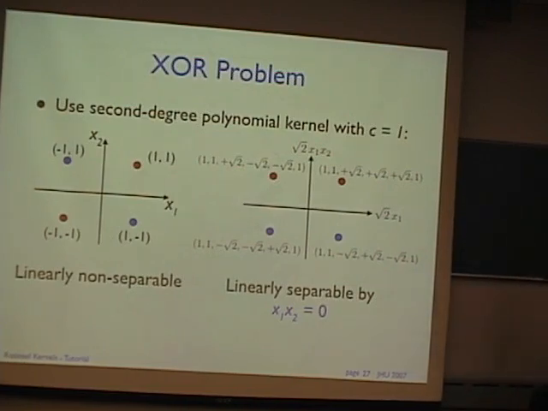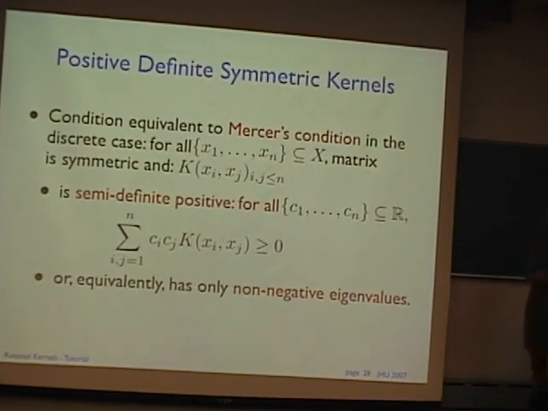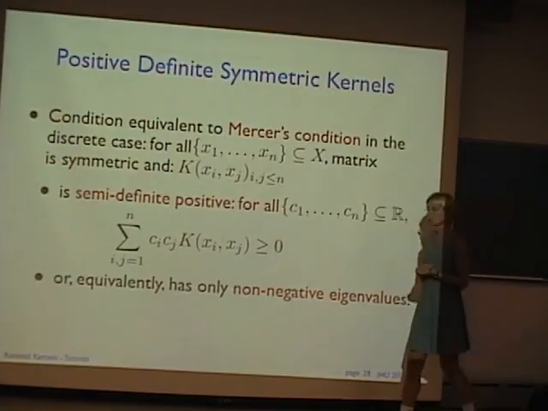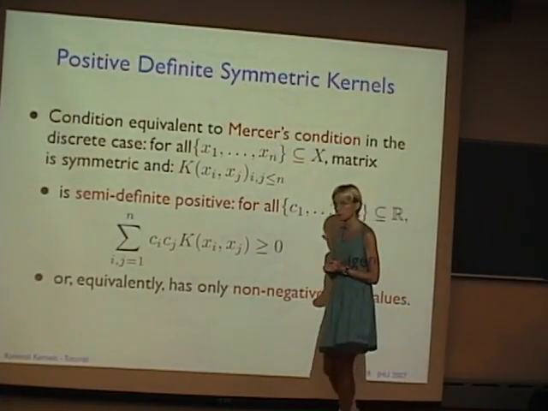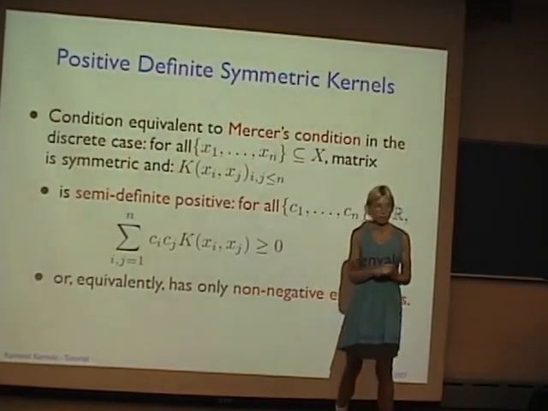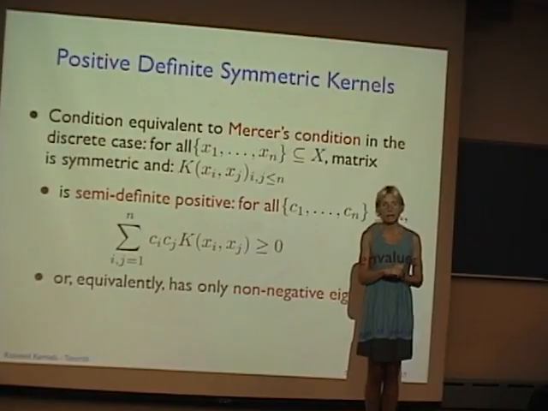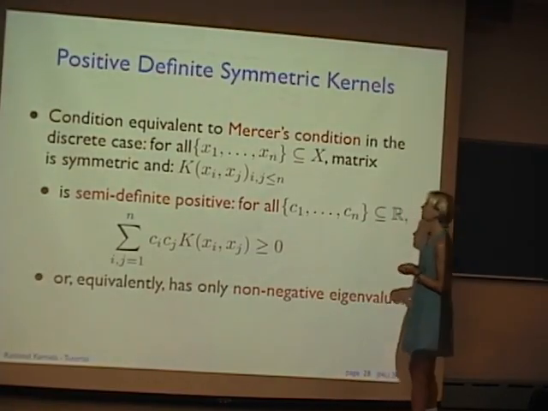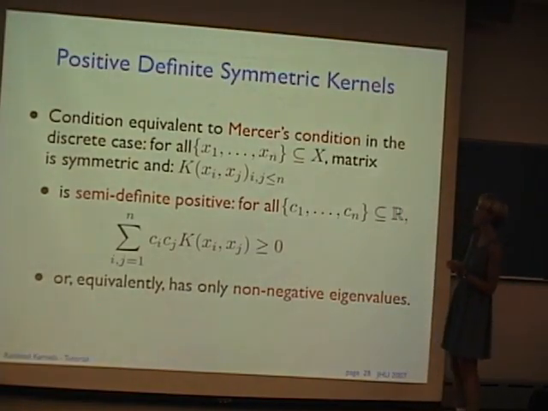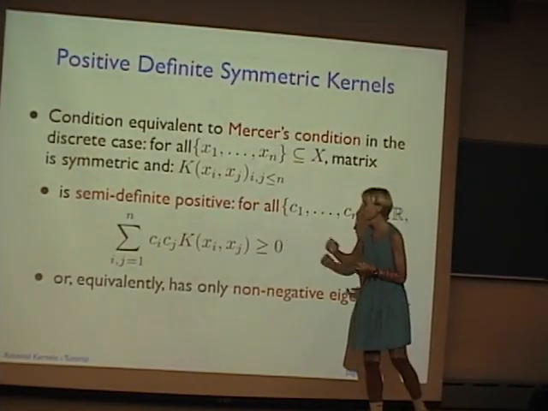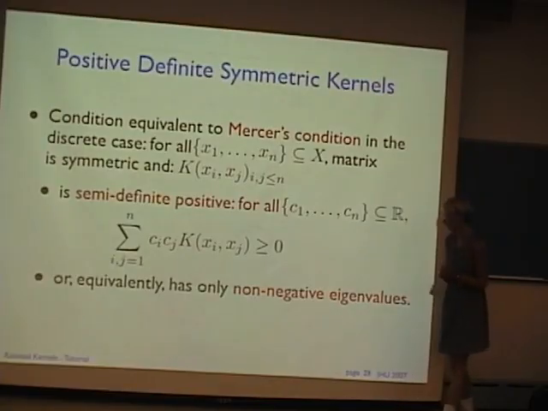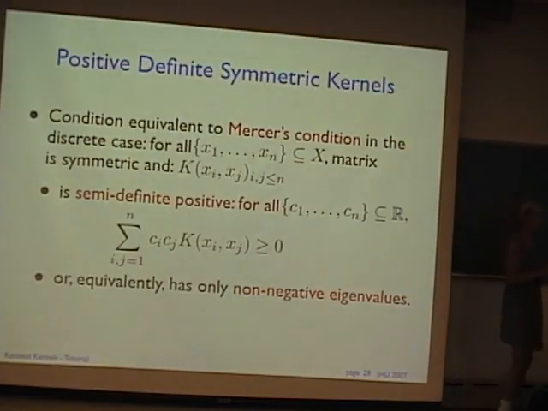Can we make use of any kernel? No, we cannot. In order for this optimization problem still to have a solution and a unique solution, kernels have to be positive definite symmetric, or they have to meet Mercer's condition, which is equivalent to saying that the kernel matrix computed over all the points has to have only non-negative eigenvalues.